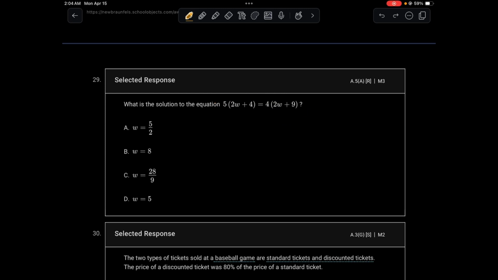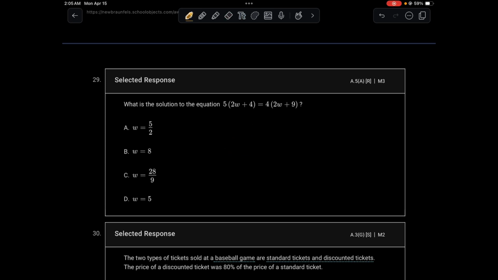I would follow a method that tells me first do PEMDAS to the left, then do PEMDAS to the right, then use properties of equalities, the addition and subtraction, to move things from left to right and right to left, trying to put all the w's together and all the numbers together on the other side, and then use properties of the equalities, which is the multiplication and division, to get rid of the coefficient of w. That would be one way to do it by hand.